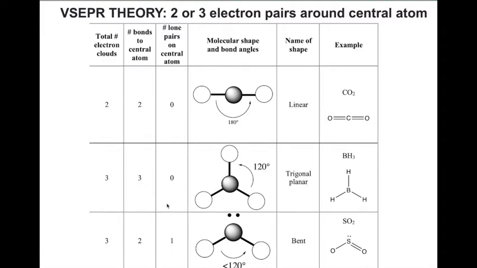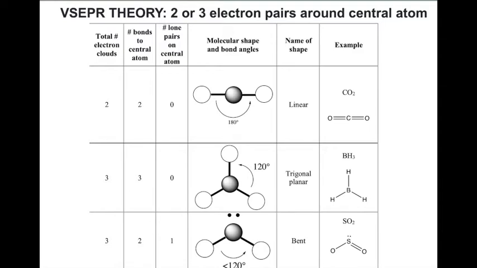Okay, here's another example. We've got, once again, 3 electron clouds, but now 2 of them are bonded, 1 of them is a lone pair. So in that case, we still have roughly 120 degrees away from each other, bonded pair, lone pair, but because the lone pairs are able to take up that large volume, this lone pair is going to push down on either side a bit, and it's going to cause this bond angle to be less than 120.